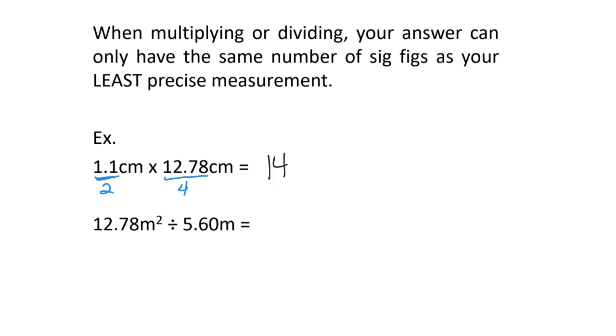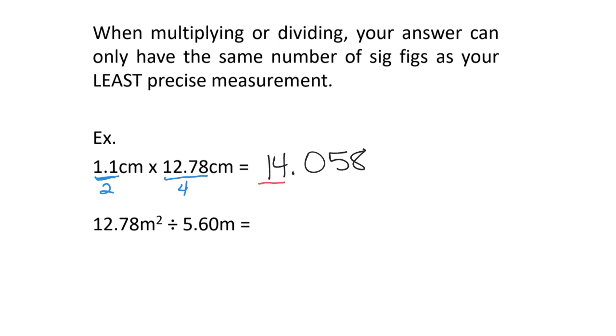In fact, you get 14.058. Well, if you put that on your test, I'm going to mark it wrong. I'm going to take off a point for sig figs because that is not the answer. You can't do that. Neither of your instruments gave you 5 sig figs. So that cannot be. So your answer has to have 2 significant digits.